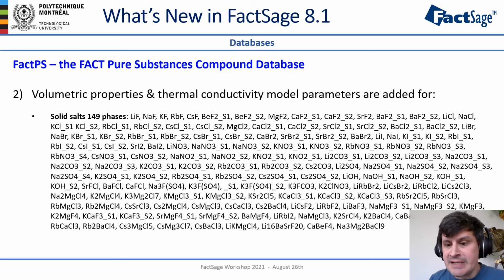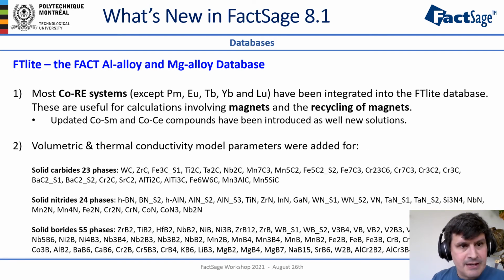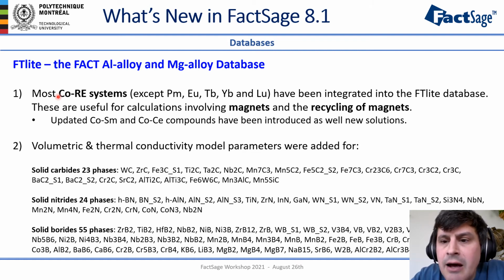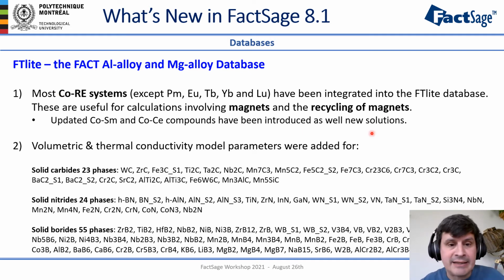So with this, you can use the thermal conductivity model and the microstructure module to compute the thermal conductivity of phases and phase assemblages. In the FT-Lite database for aluminum and magnesium alloys, we added most of the cobalt rare earth binary systems. They have been integrated there. This is important for calculations involving production of magnets, recycling of magnets.